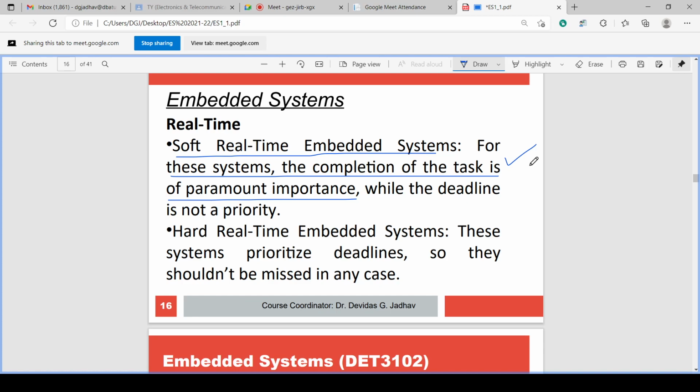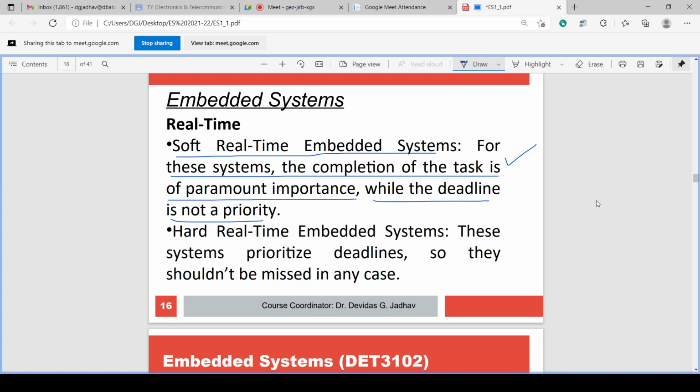That is the soft real-time embedded system, while the time deadline is not the priority. What is of paramount importance is task completion. The deadlines are not on priority.